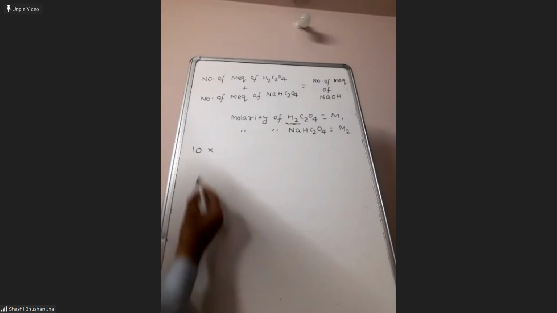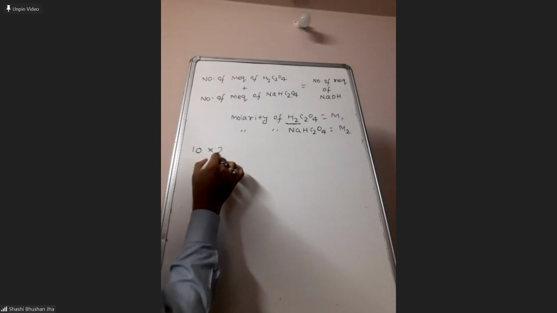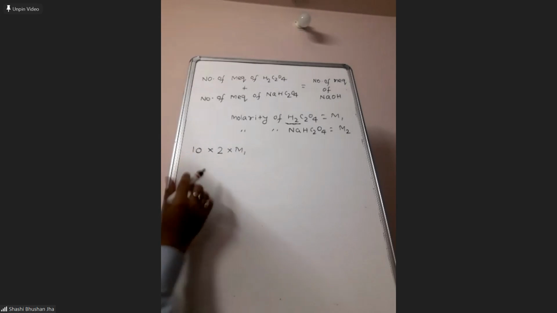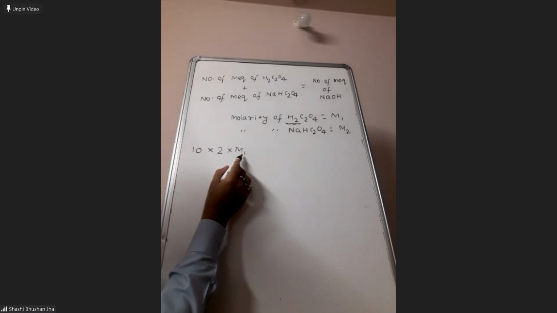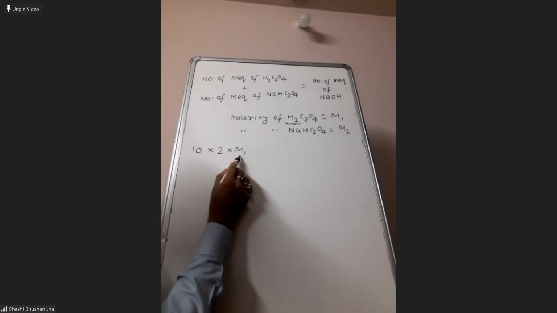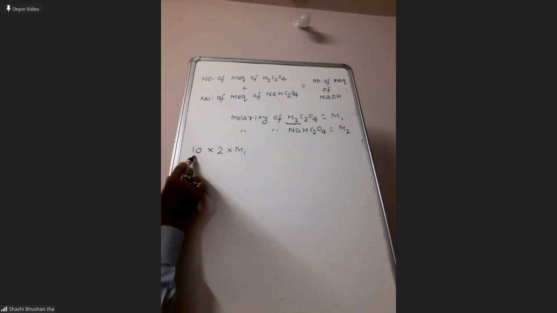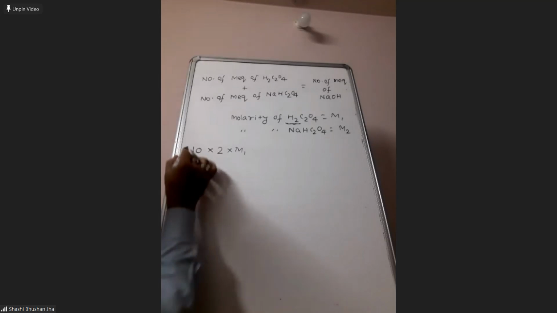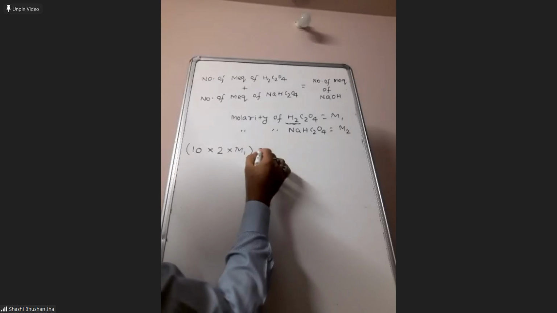It has 2 acidic hydrogen. So, N factor is 2 and its molarity is M1. So 2 into M1 is normality. When it is multiplied by volume in milliliter, it becomes number of milli equivalents of oxalic acid.